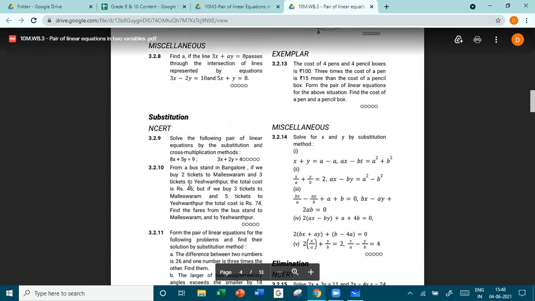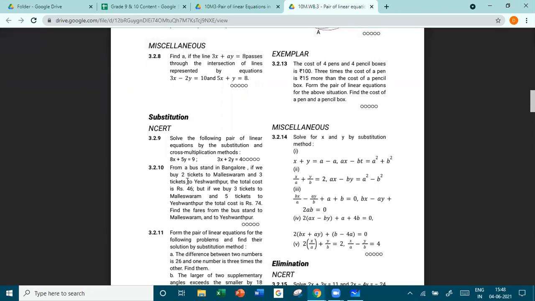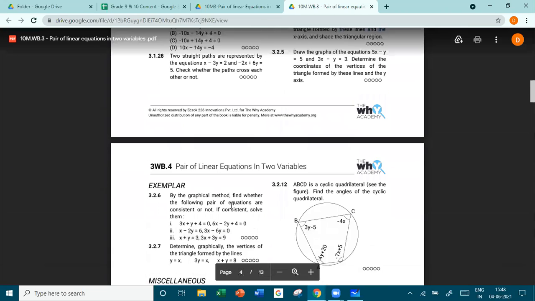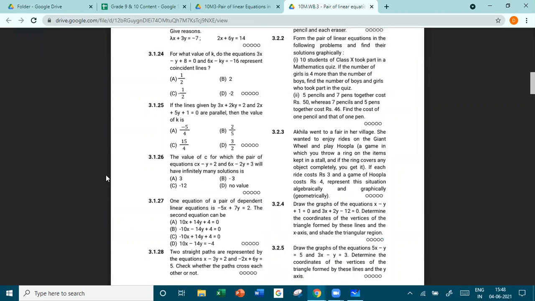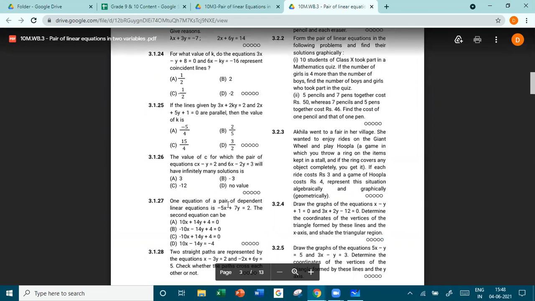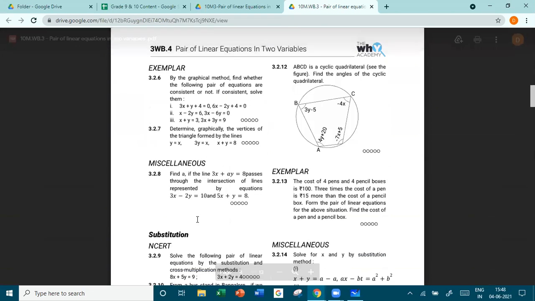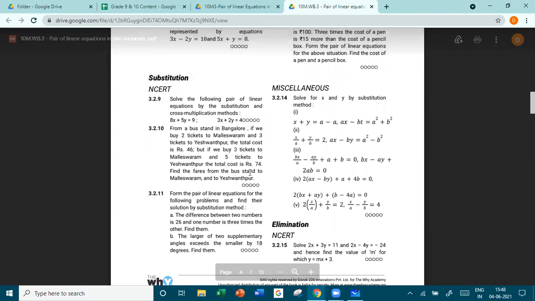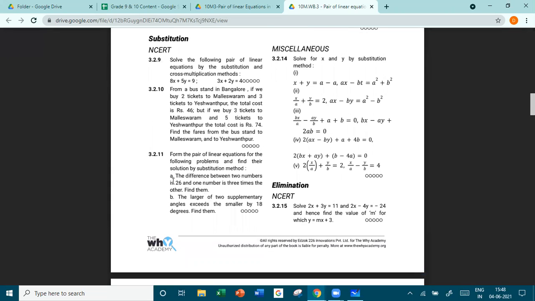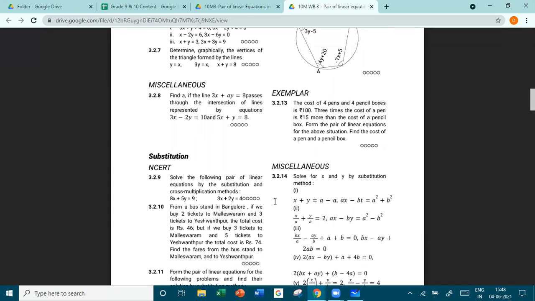A straightforward question. 3.2.10 also I am skipping because we did 2-3 of the same type. It is the same format as 3.2.2. You've been given information, and you will get two equations and you just need to solve them and get your answer. I'm skipping it. Let's go on to more difficult ones.